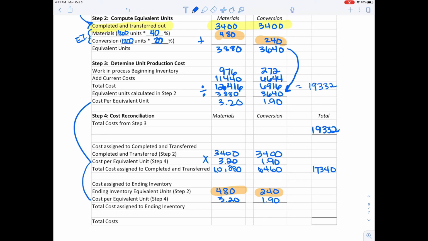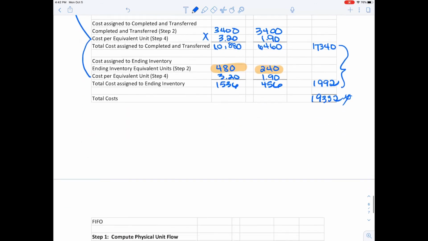And then finally multiply that out, and I get 1536 and 456. If I add those together, 1992. And if I add these two together, 19,332. So when I do that cost reconciliation, I'm just making sure these two numbers agree, and they do.